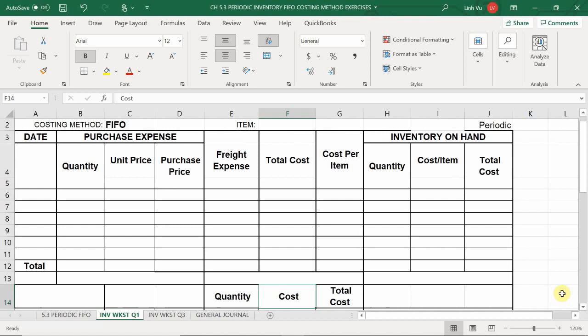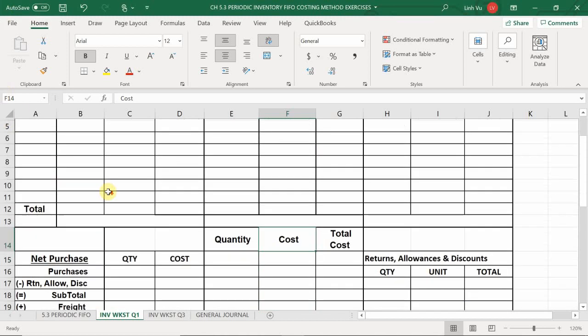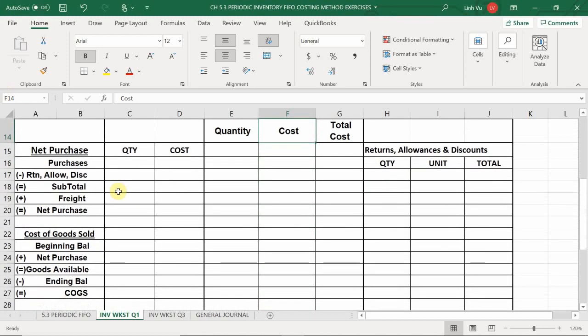On the right side, the last 3 columns, you see your inventory on hand. This is where your beginning inventory will fall into place. As we are making our purchases, we will not be using this section up here on the right. This is only reserved for beginning balances. And then the bottom half is the calculation section.